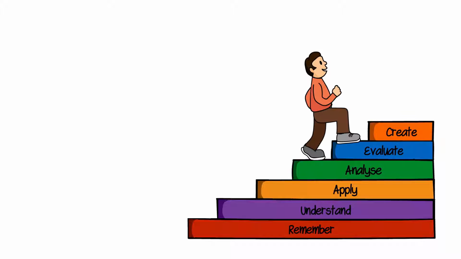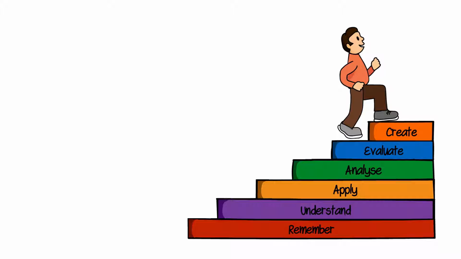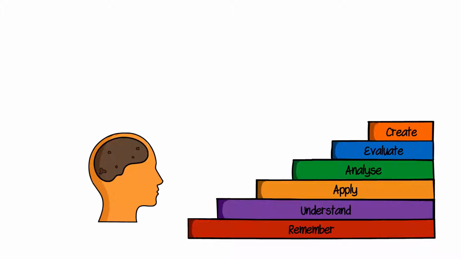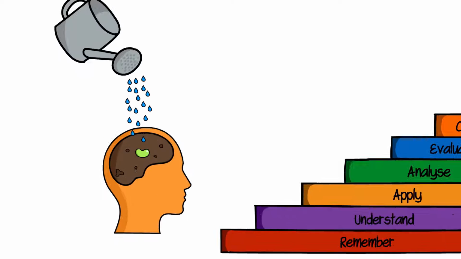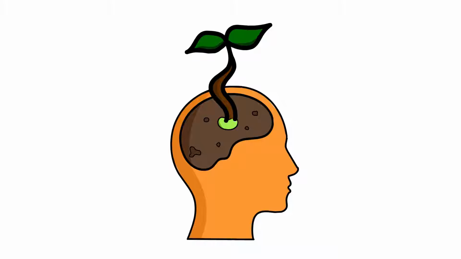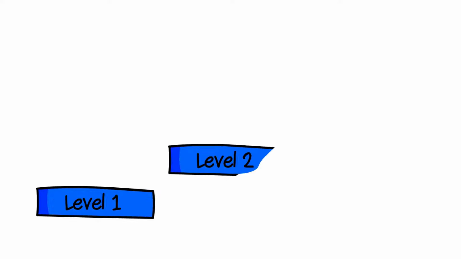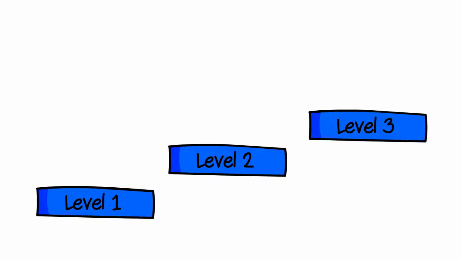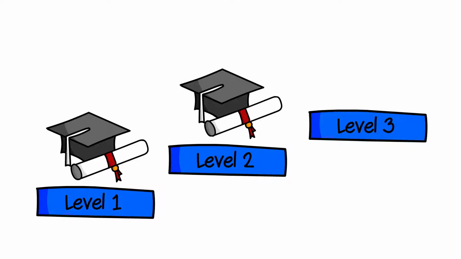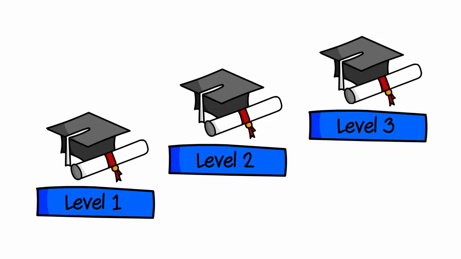Each level is subsumed by the higher level. For example, students have to master knowledge and comprehension to function at application level. Therefore, educators need to structure learning experiences so that learners master each level before progressing to the next level.